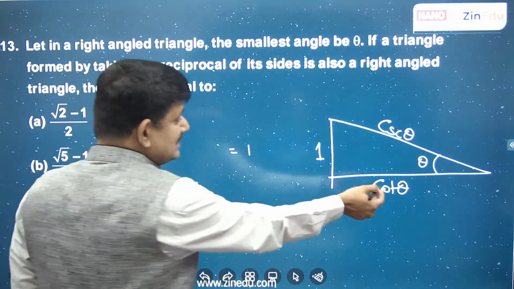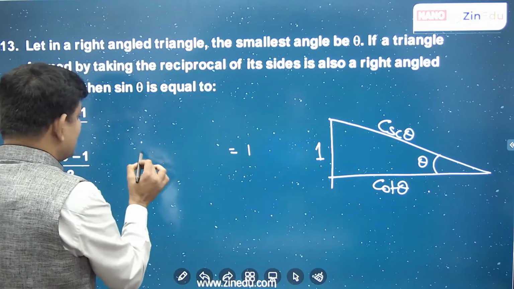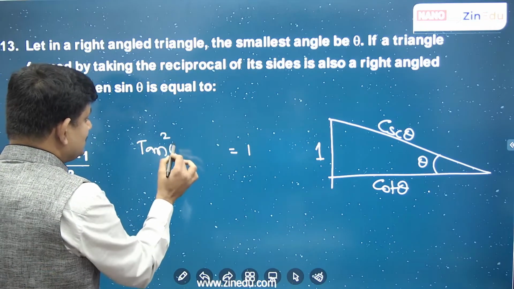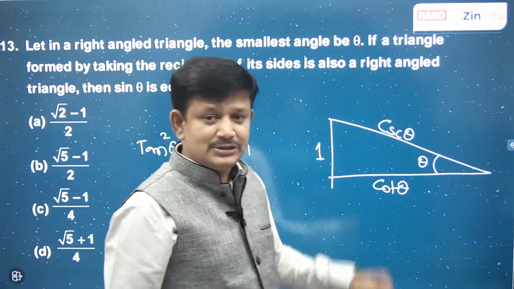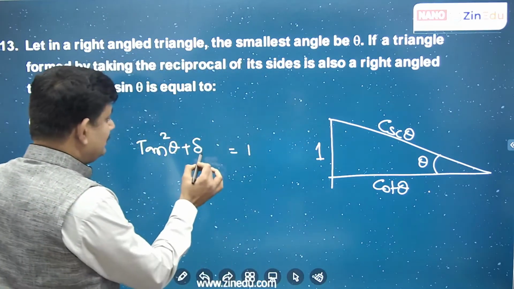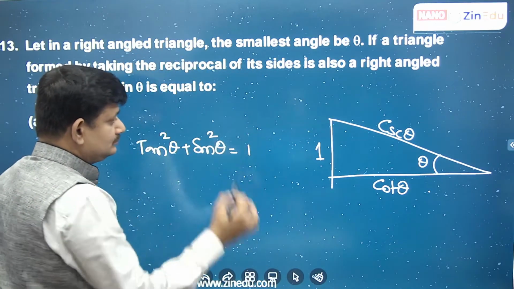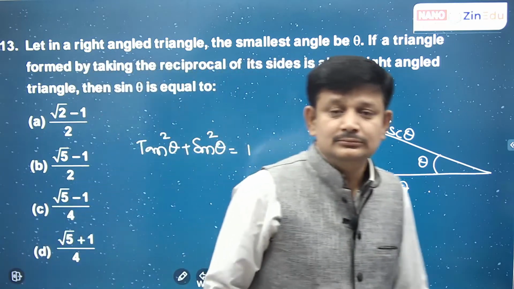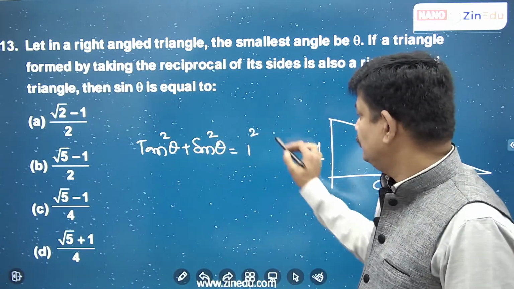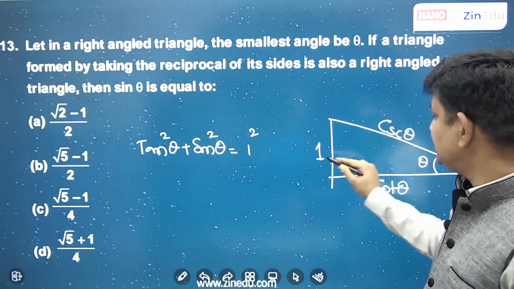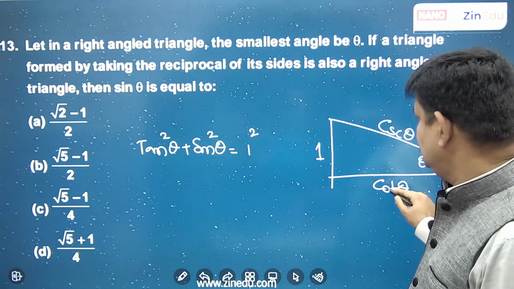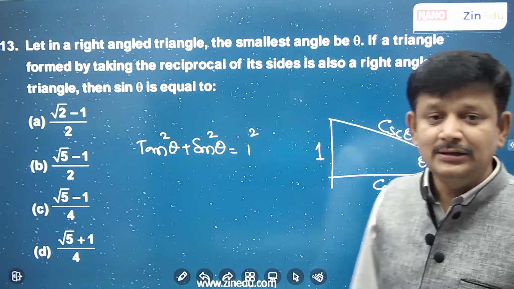What are the other two sides? Reciprocal of cot theta is tan theta. Reciprocal of cosecant theta will be sin theta. So the triangle with reciprocal sides has sides 1, tan theta and sin theta.